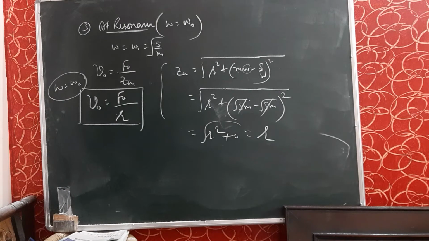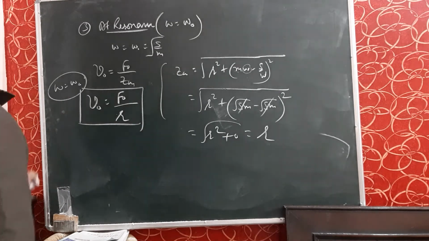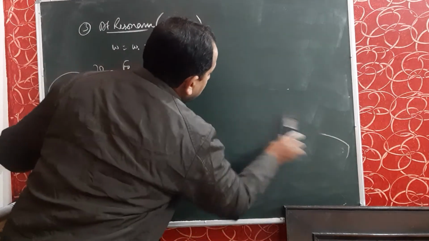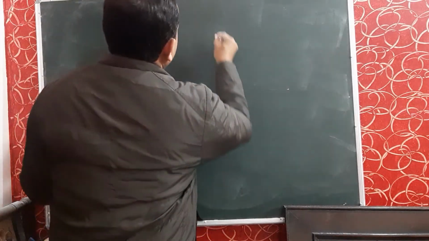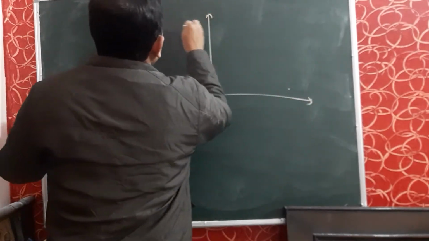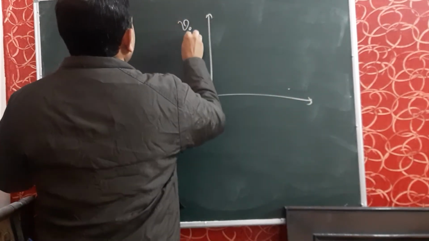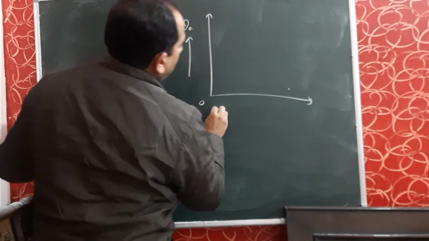Now we will plot the graph between velocity amplitude and omega. So this is the graph. V naught means velocity amplitude, and omega is here.